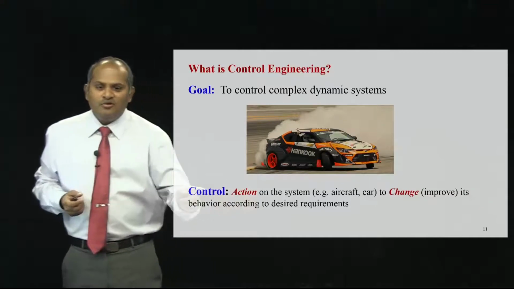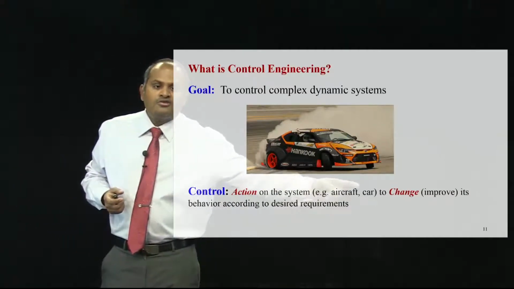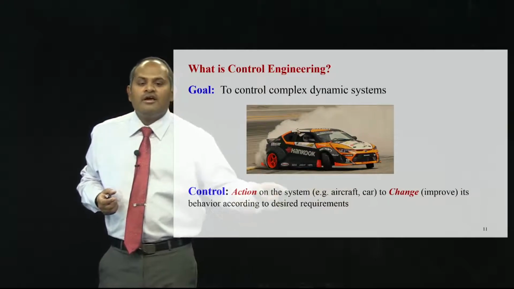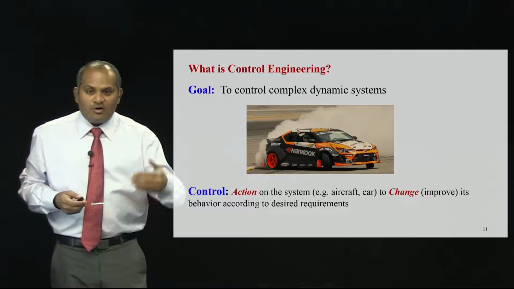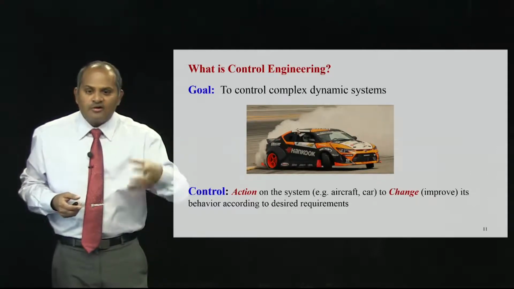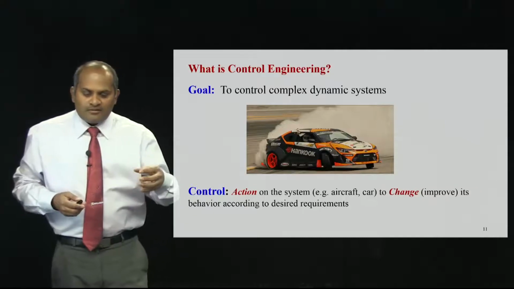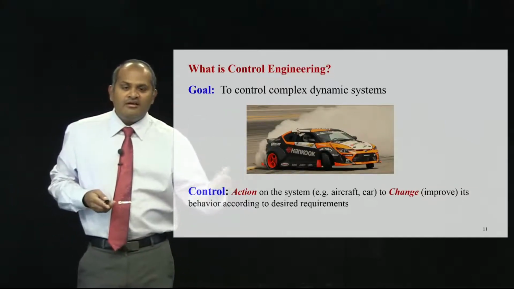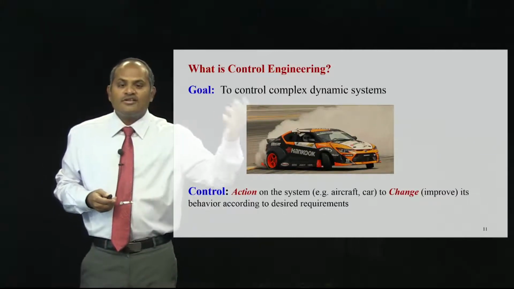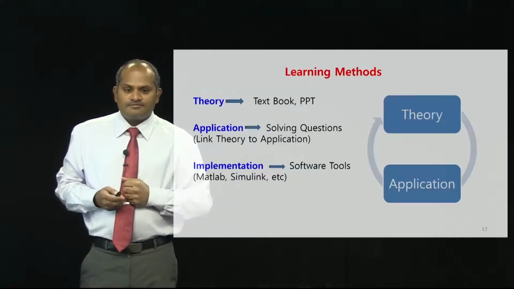Now, control is action on the system like an aircraft or car to change or improve its behavior according to desired performance. So, we list the rules, what is performance, and then we try to control so that we can achieve that performance. So, this is very basic information. We will discuss in detail in the next class what is control engineering. So, I would like to just introduce you in this class.